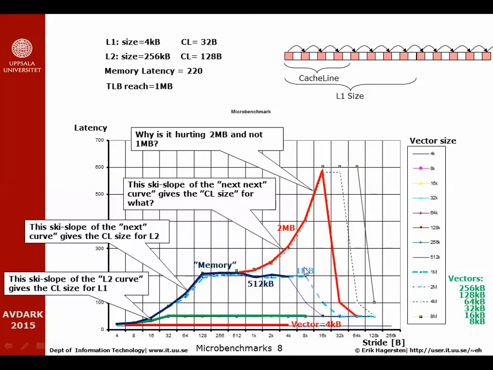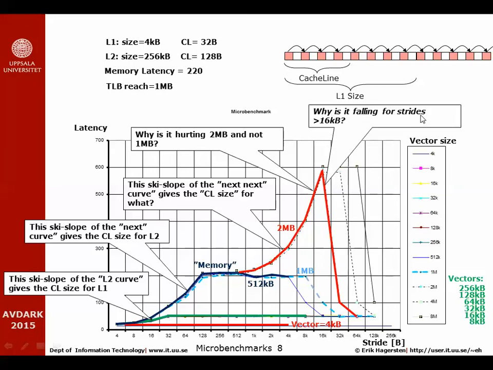So we can hold the translation for the 1 megabyte vector in the TLB, but if we have a vector which is twice as large, suddenly we can't hold all the translations of the pages that make up the 2 megabyte vector. So that means the reach is smaller than 2 megabytes, and it is at least as large as 1 megabyte. So that is why we're hurting the 2 megabyte vector and not the 1 megabyte vector.